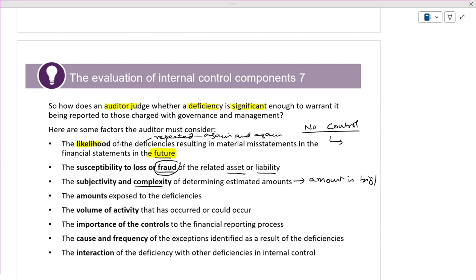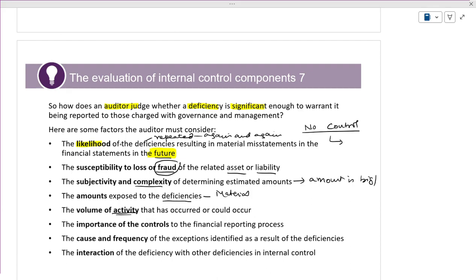If the amount exposed to the deficiency is material, then it is a significant deficiency. The volume of activity that could occur, the number of times the error is happening, is a significant deficiency. It means you do not have any controls, which is why it is happening again and again.